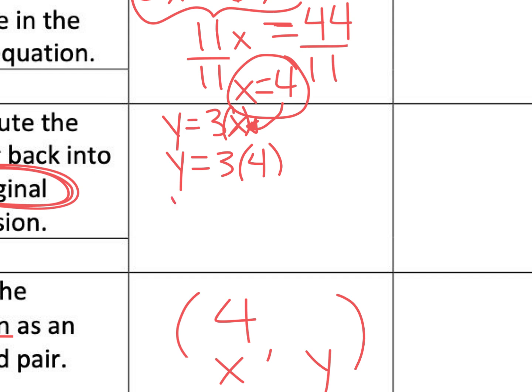Same thing. So 3 times 4 is 12. There's my second part of my coordinate. So if I was to change those to y equals and graph them, the 2 lines would intersect at the coordinate 4, 12. Now, we're not going to change and graph, but we can double check it.